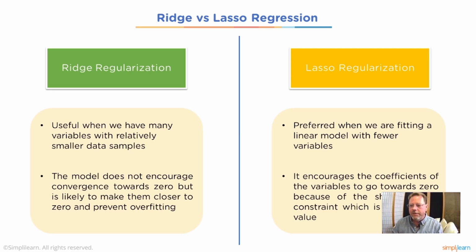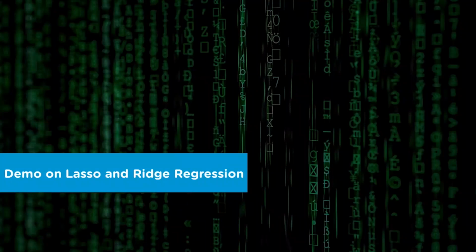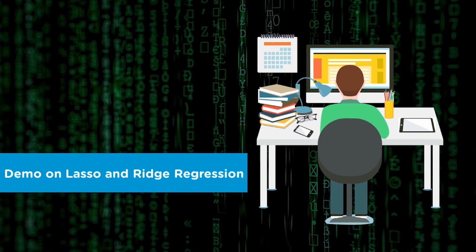So as we get down to the iris with 4 variables, Lasso will probably work pretty good, where you might use the ridge regularization if you have something significantly larger. And it encourages the coefficients of the variables to go towards 0 because of the shape of the constraint, which is an absolute value.